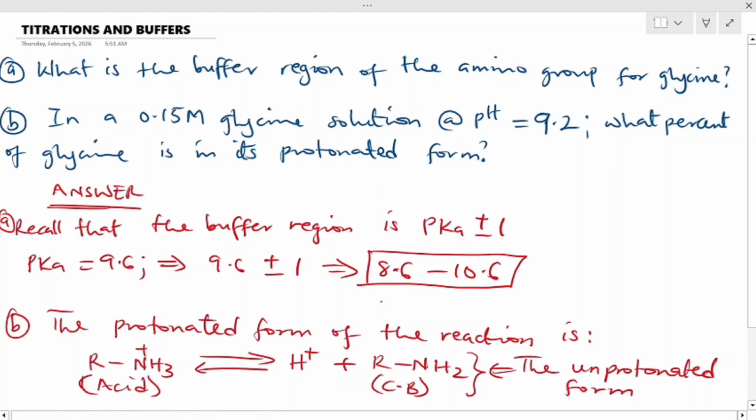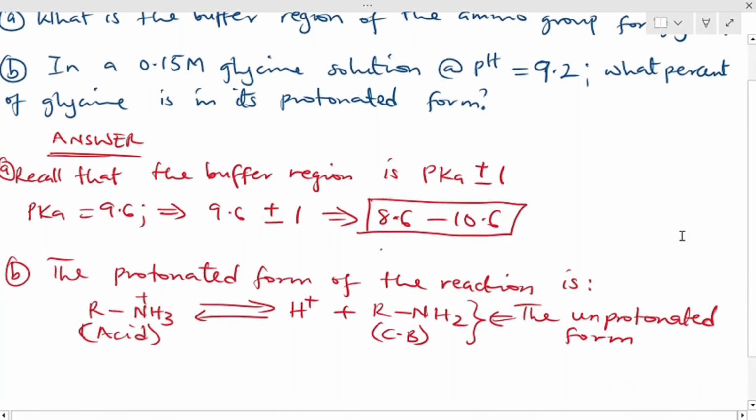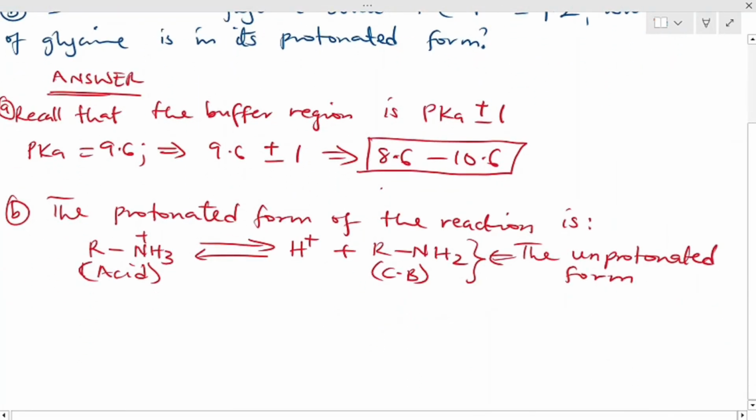Why this form here, that is the acid that is giving off the proton, is referred to as the protonated form. So this is the protonated form of the amino acid glycine. This is the protonated form for this reaction.